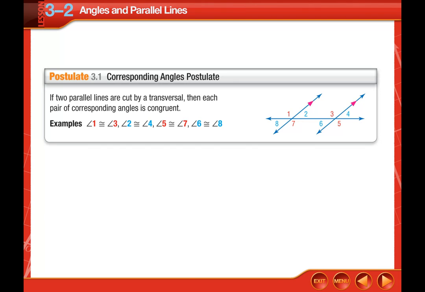So here's a new postulate, 3-1, corresponding angle postulate. If two parallel lines are cut by a transversal, then each pair of corresponding angles is congruent. Angle 1 is congruent to 3. 2 is congruent to 4. 5 is congruent to 7, and 6 is congruent to 8.